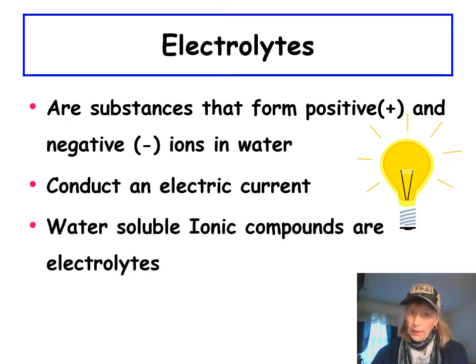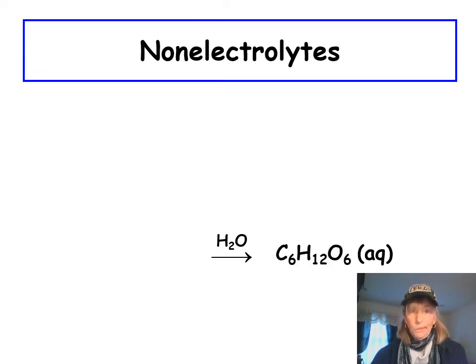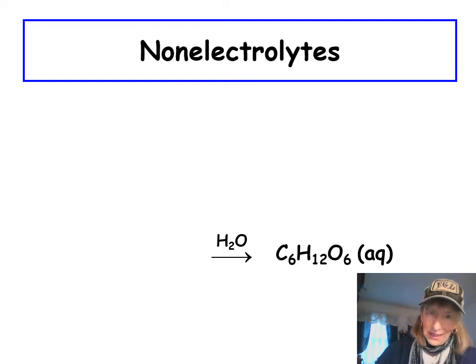So electrolytes, who are they usually? They are water-soluble ionic compounds, such as sodium chloride, and some of those other ionic compounds that we learned about in a previous chapter. They are electrolytes. And then we have the non-electrolytes.